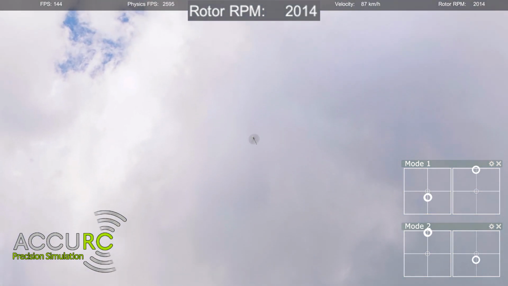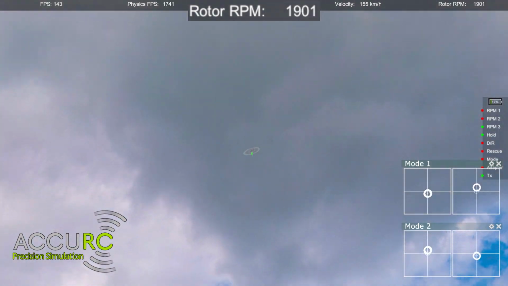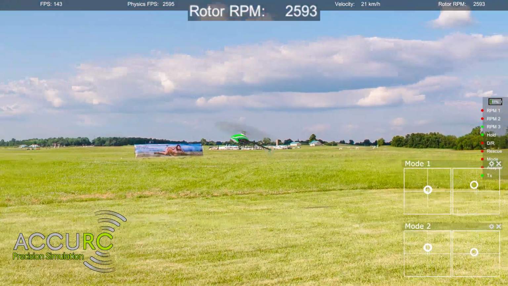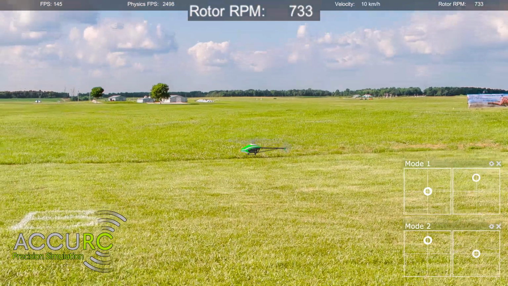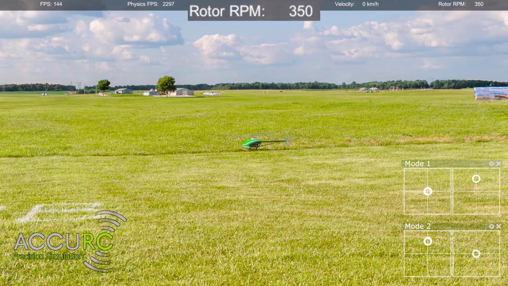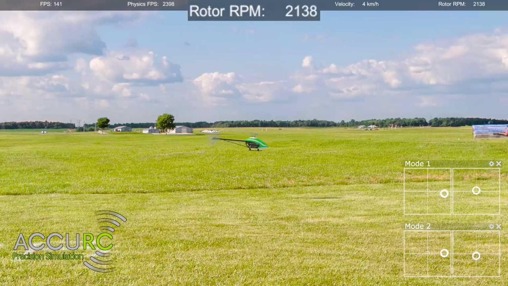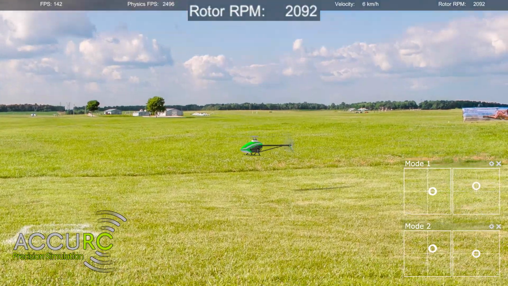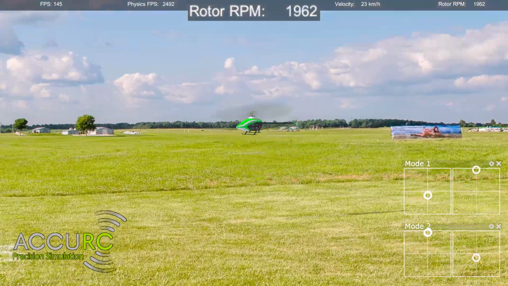So we're gonna come in, do a steeper descent, build some speed, switch it off, and then flare it hard. You can see I just flared to 2800 by just doing that. So the idea is that for inverted autos, we are instead going to build speed, build a lot of RPM, and use that RPM to do whatever we want to do.